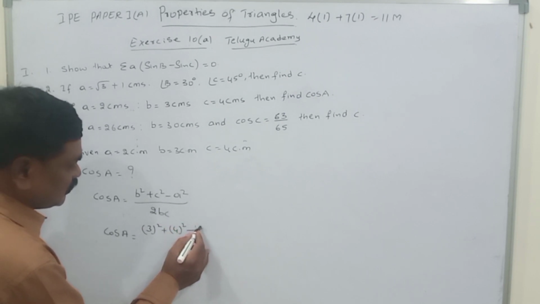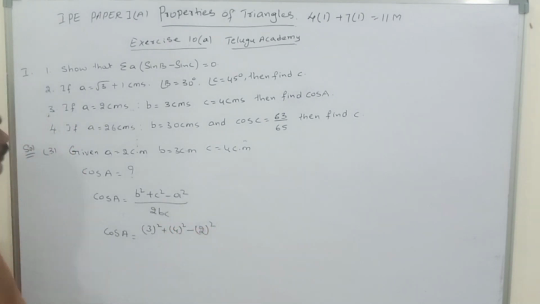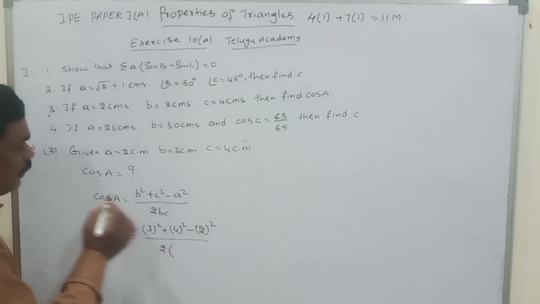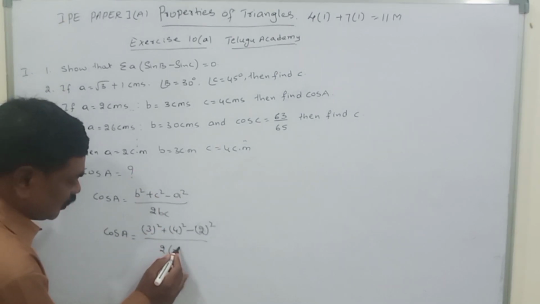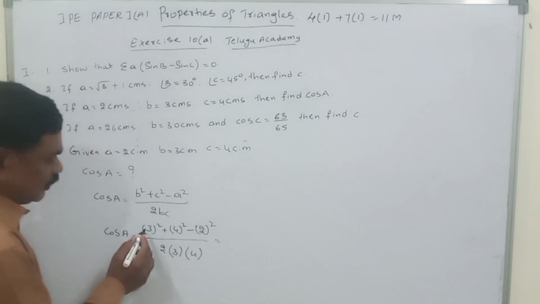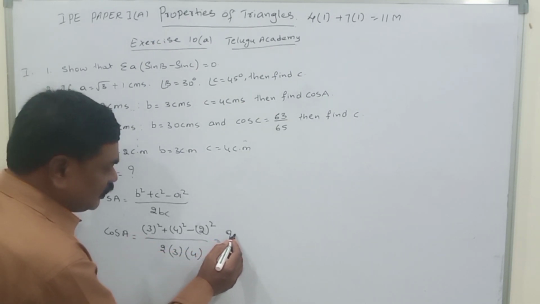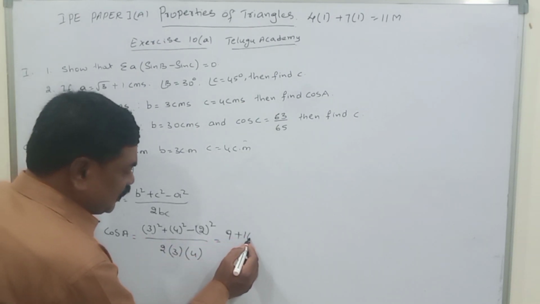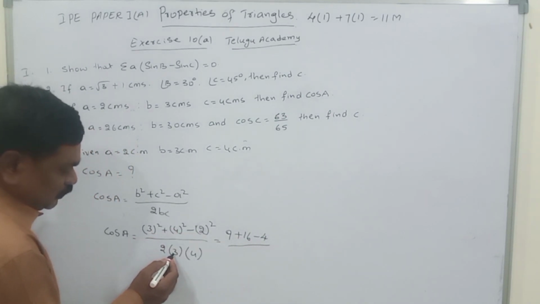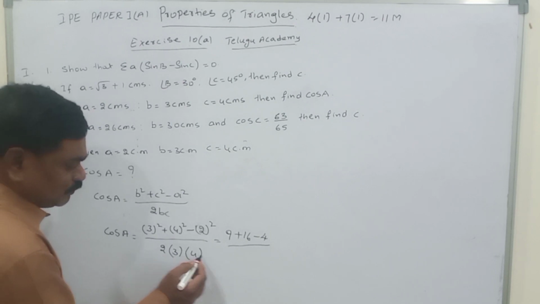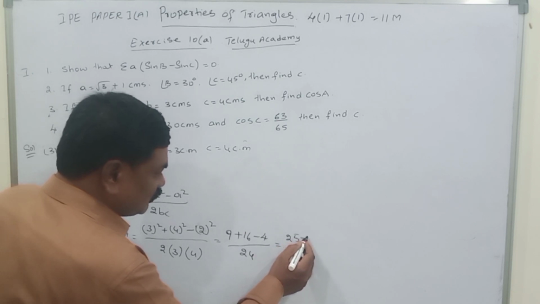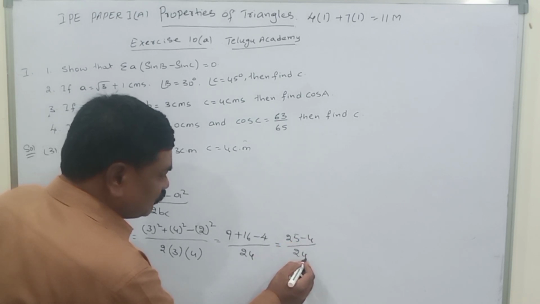So by 2 into b 3 into c 4. So it is equal to 3 square is 9 plus 4 square is 16 minus 2 square is 4, by 2 into 3 is 6, 6 into 4 is 24. That equals 25 minus 4 by 24.